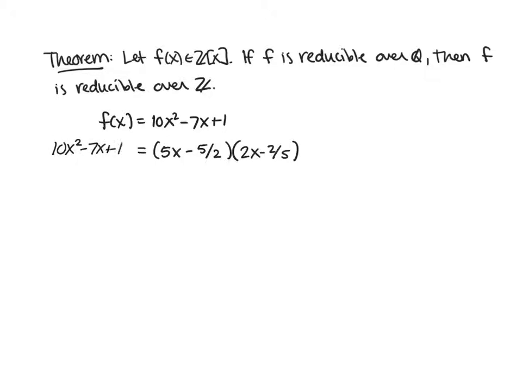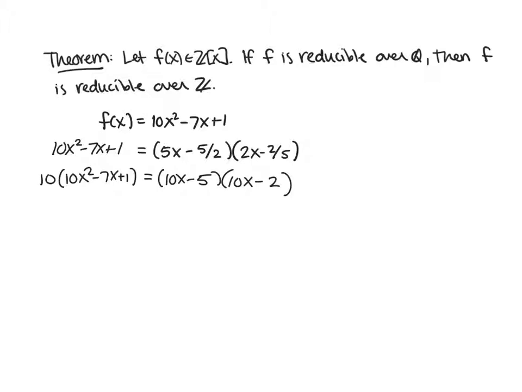is, let's just multiply both sides by 10 to get rid of the denominators. So I'm going to multiply the first factor by 2 and the second factor by 5. All I did there is multiply both sides by 10 to get rid of the denominators on the right-hand side.